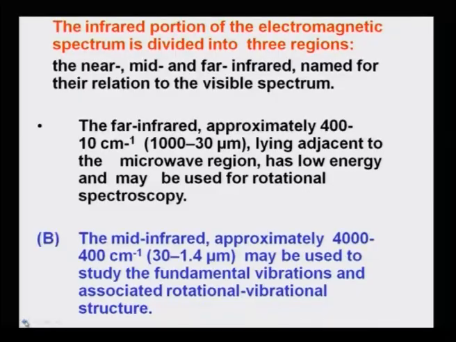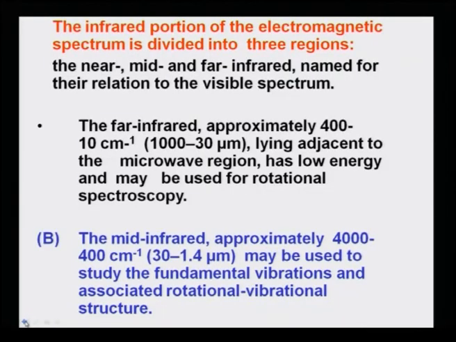The infrared portion of the electromagnetic spectrum is divided into three regions, as we saw also in one of the earlier slides: the near, the mid and the far infrared, named for their relation to the visible spectrum. The far infrared, approximately in the region of 400 to 10 centimeter inverse, lying adjacent to the microwave region, has low energy and may be used for rotational spectroscopy.